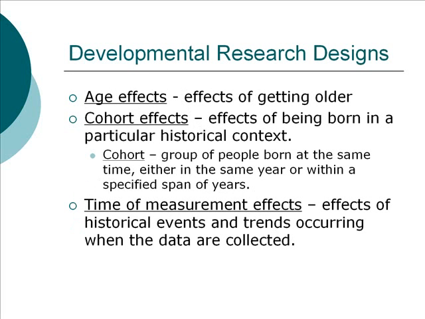The first thing that we need to talk about when we think about studying things over time is what can be impacting those results. And the first thing that can impact the results are age effects, or the effects of just simply getting older. There are also cohort effects, and these are effects of being born in a particular historical context.